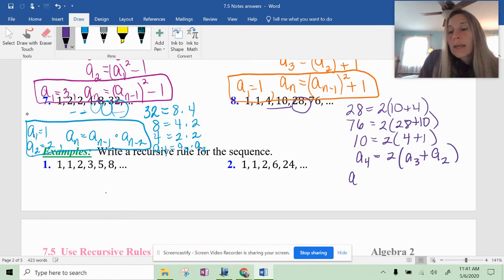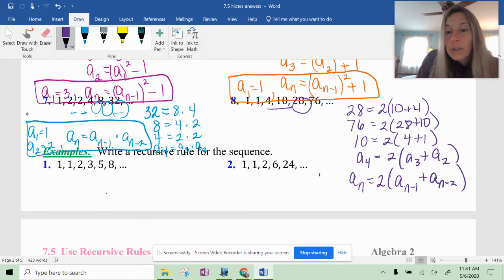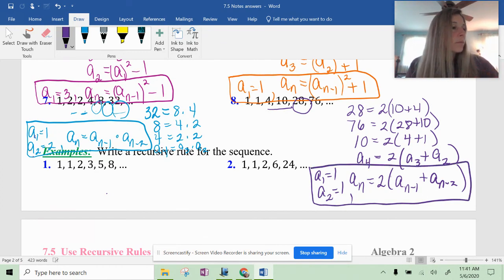So that's going to be a sub n equals 2 times a sub n minus 1, because that's the one before it, plus a sub n minus 2, because that's 2 before it. And since I need both an n minus 1 and an n minus 2, I'm going to have to give both of those, and they both happen to be 1. And that would be my answer for that one.